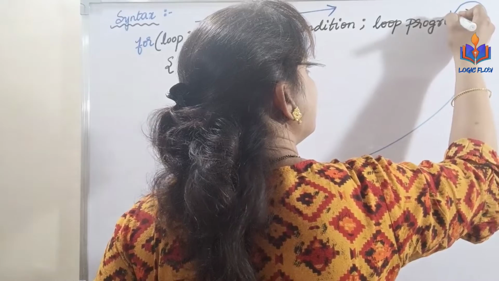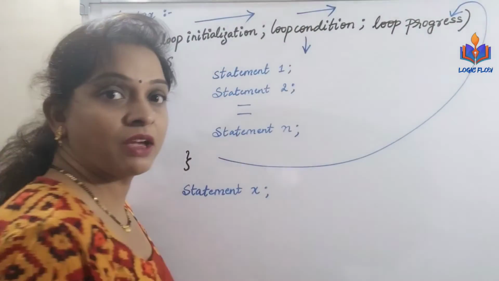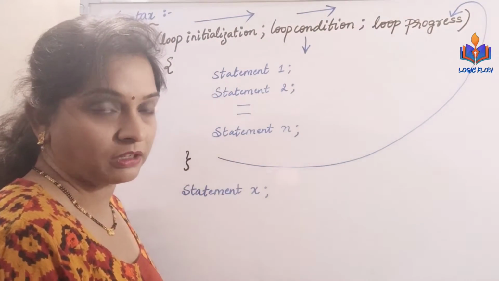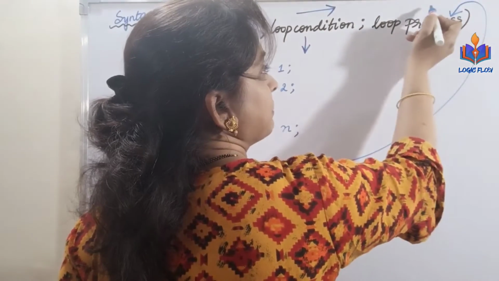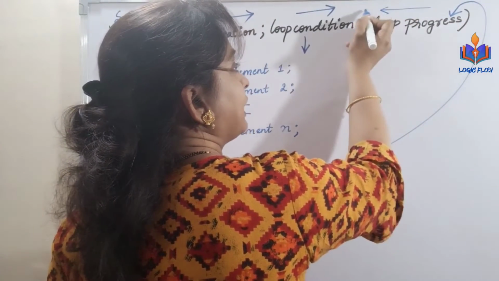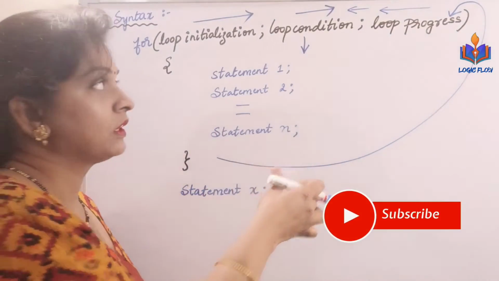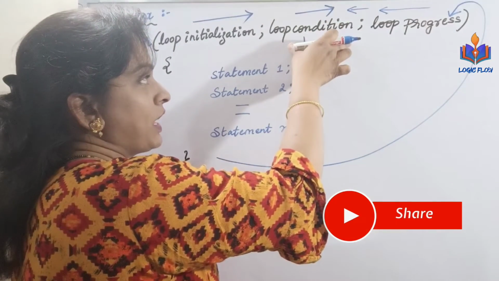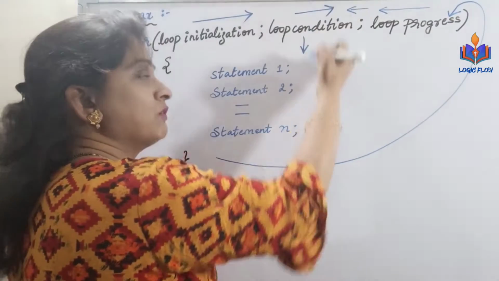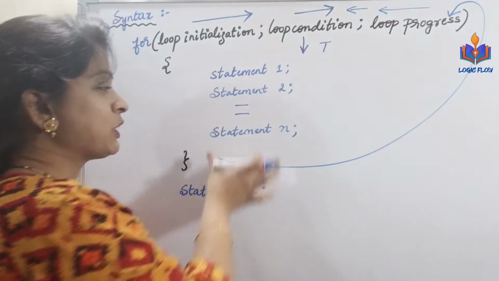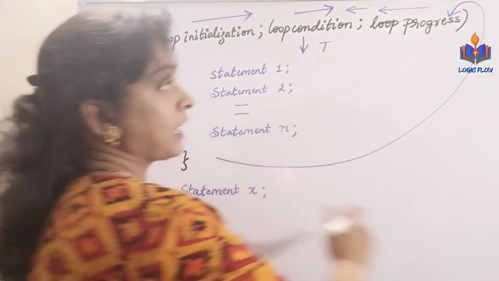It will come to loop progress. Here we will have some increment or decrement operator. Then the loop progress will be done, and once again it has to check the condition based on the iterated value. If the loop condition evaluates as true, then once again get inside, execute the complete set of statements and again loop back.